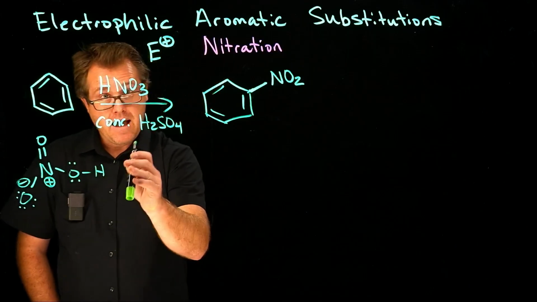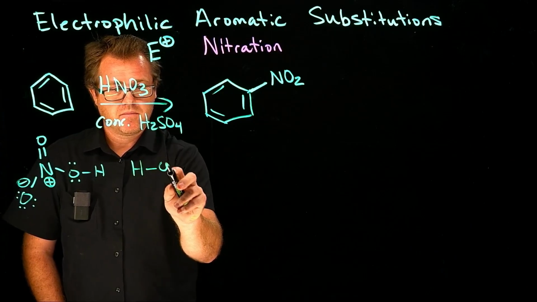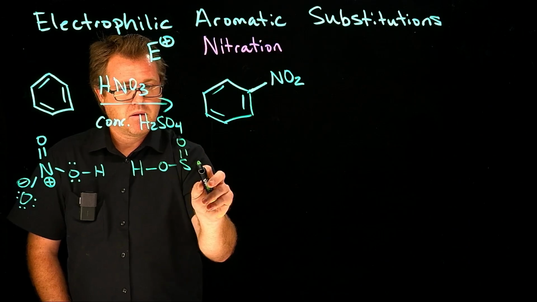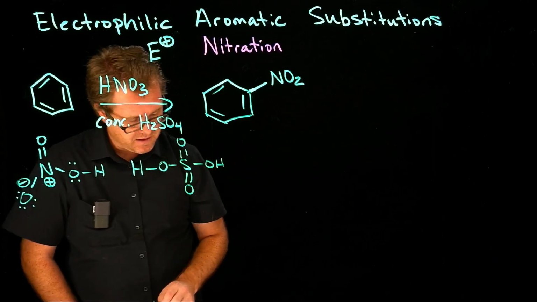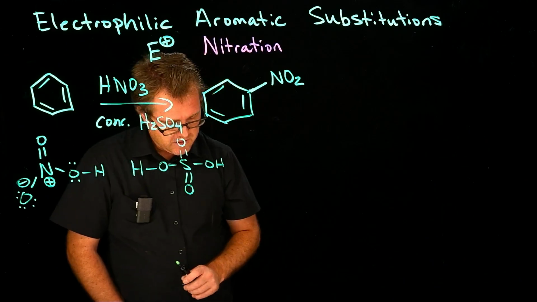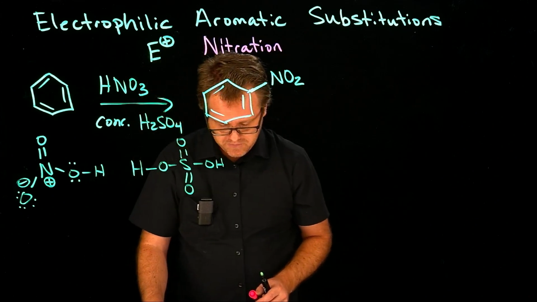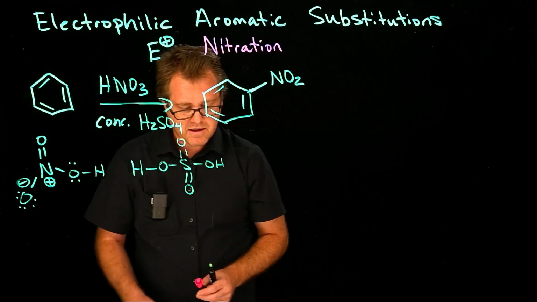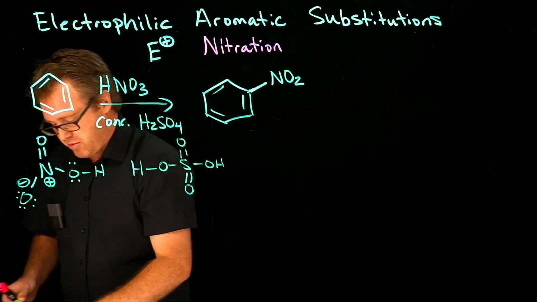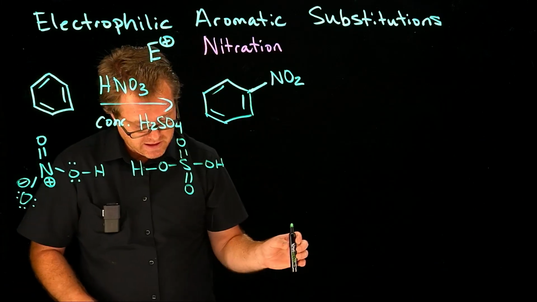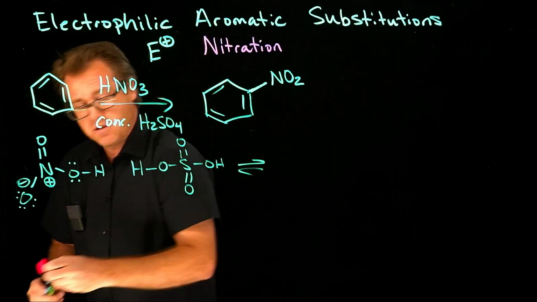Now we're going to have our sulfuric acid present. What does sulfuric acid look like? Like that. So the first step in this mechanism is a proton transfer. That's a little bit different than all the previous mechanisms that we've been looking at.